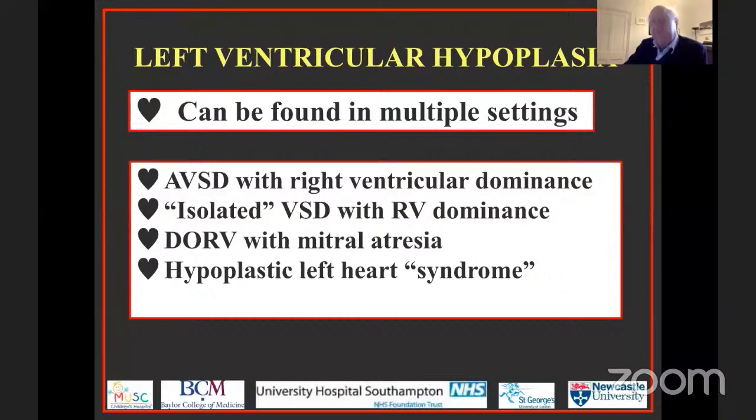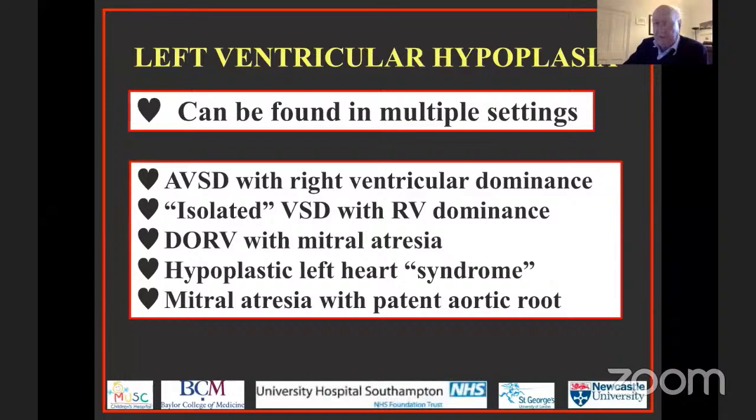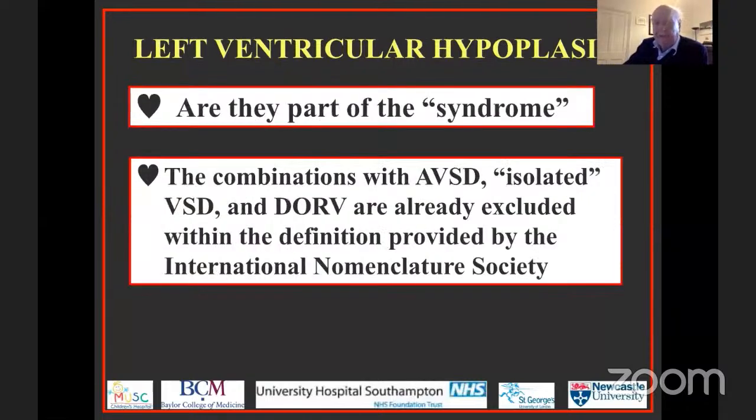So we come back to what should be our definition of the syndrome. And should we be including that case which Grace has shown you, in which the features are what we might call mitral atresia with patent aortic root?